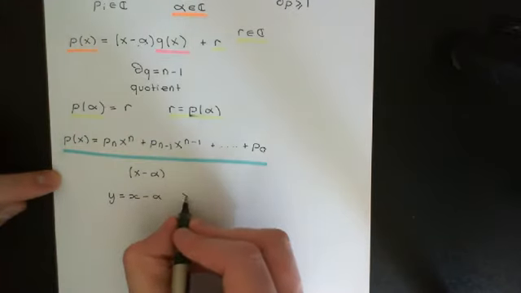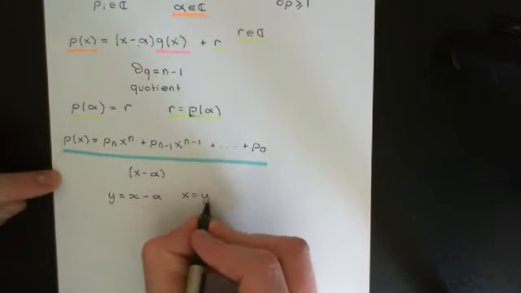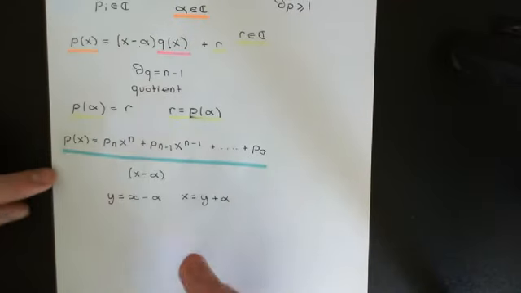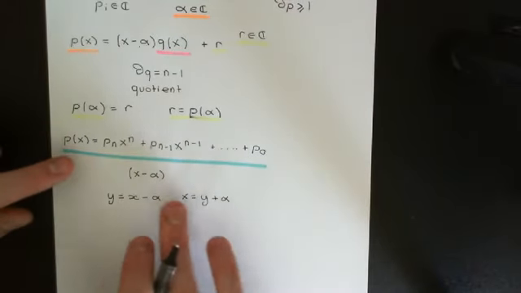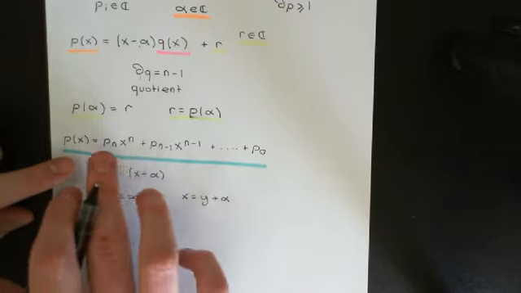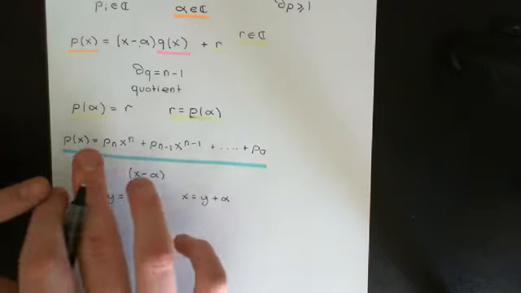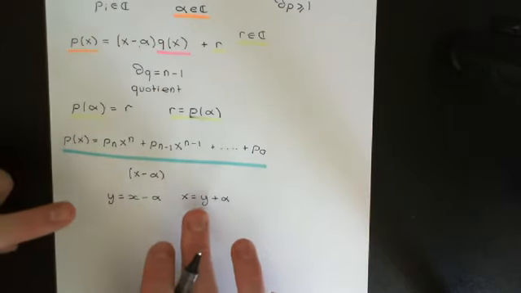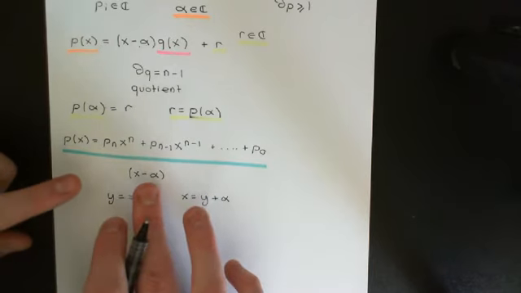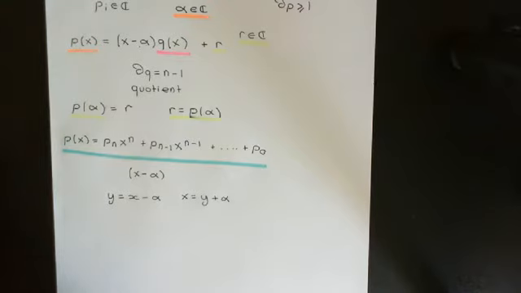So what does this mean? That x is just going to equal y plus alpha. So this is the great idea. Substitute in x is equal to y plus alpha into this polynomial. Expand that polynomial out to get it in terms of y, and then just remember that y is now equal to x minus alpha, so then we've got a polynomial in terms of x minus alpha, basically, which is equivalent to this polynomial.